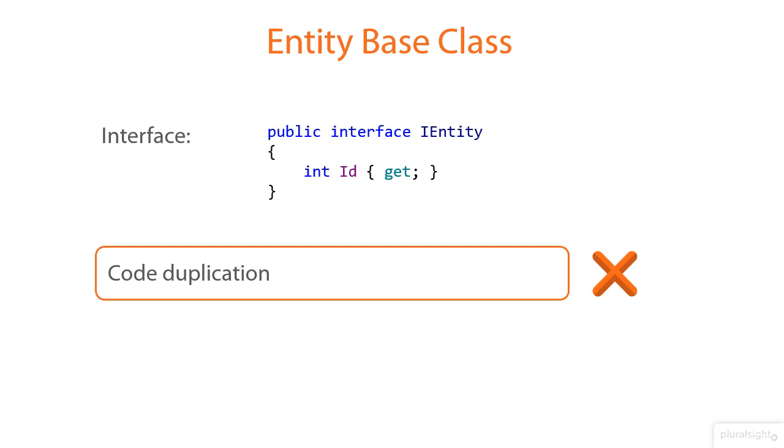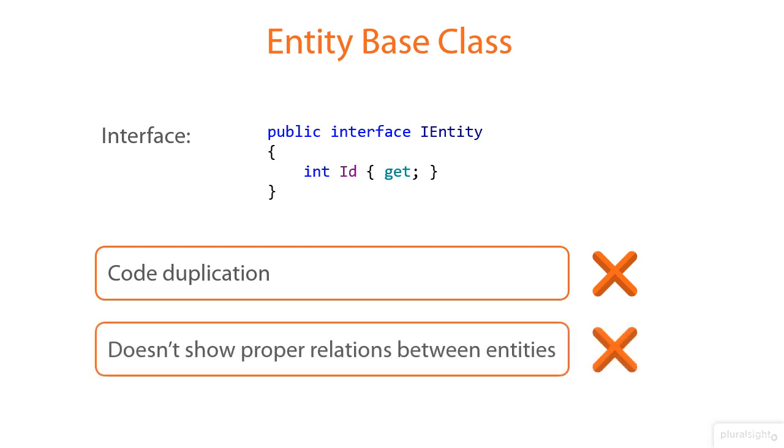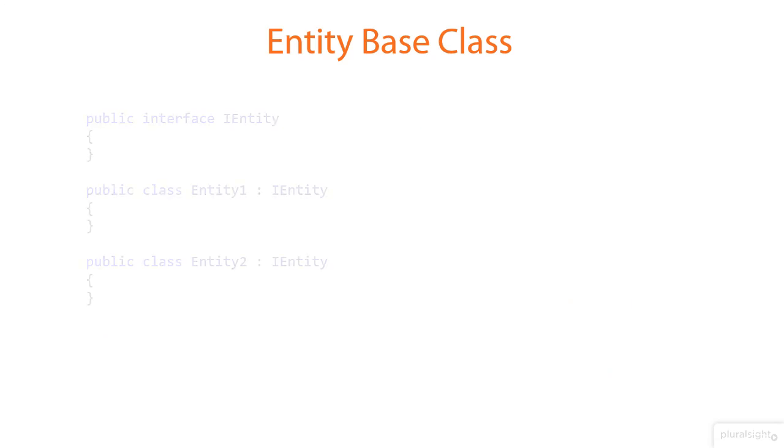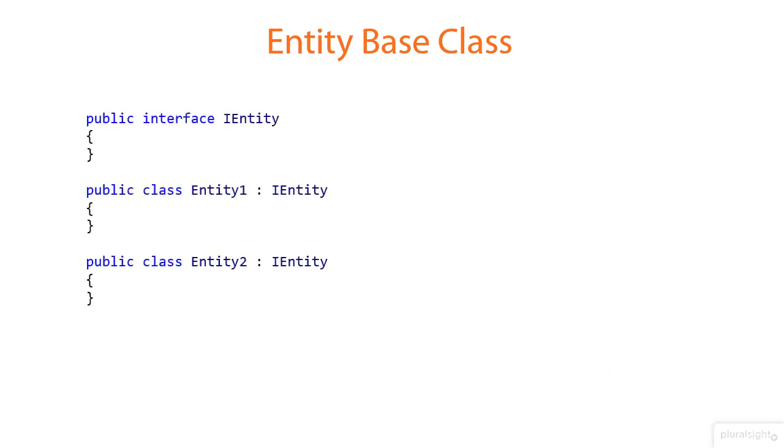Secondly, the use of an interface doesn't show the appropriate relationship between domain entities. Implementing an interface means that your class makes a promise to have some functionality defined in the interface. Two classes implementing the same interface don't tell us anything about their relationship. They can be related, but it also can be that they belong to entirely unconnected hierarchies.